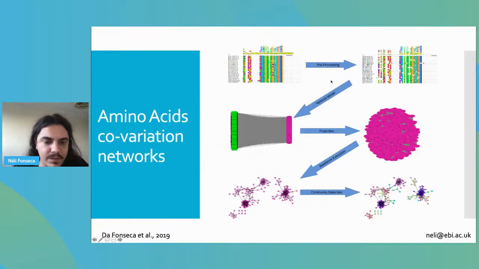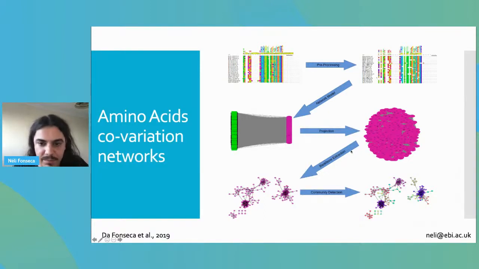So to be very brief about the pipeline, we first apply a set of filters to remove the redundant sequences and fragments. We then convert the multiple sequence alignment into a bipartite network of sequences and residues. We make the projection of the residues that occur in the alignment.